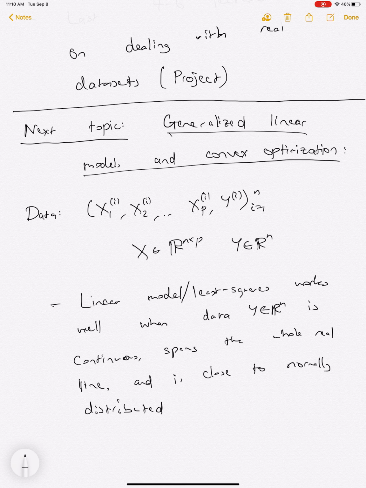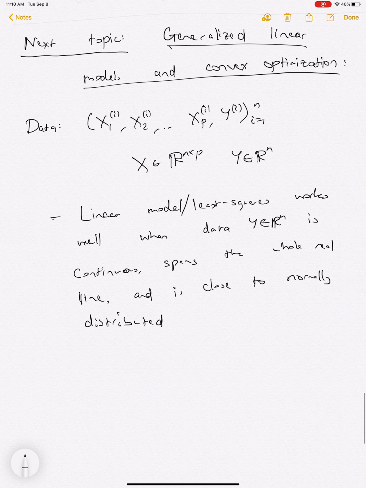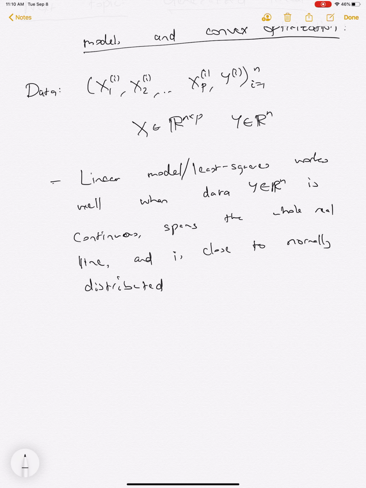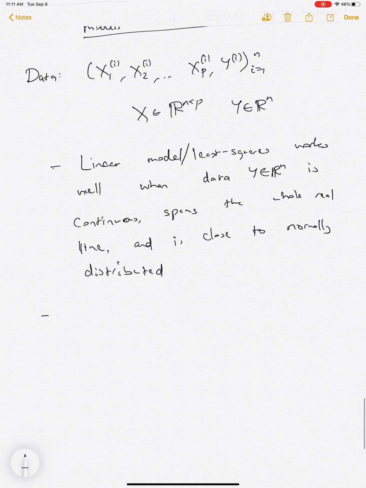We saw that least squares actually corresponds exactly to maximum likelihood when you have multivariate normal data. But in practice, we often don't have this. So y_i may be binary.